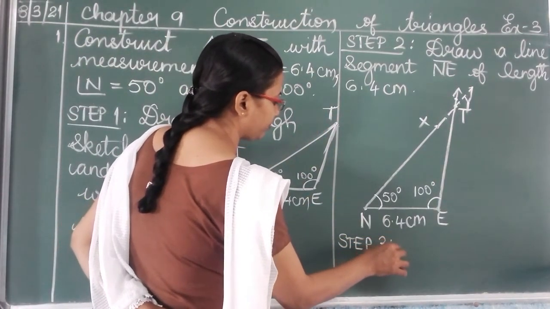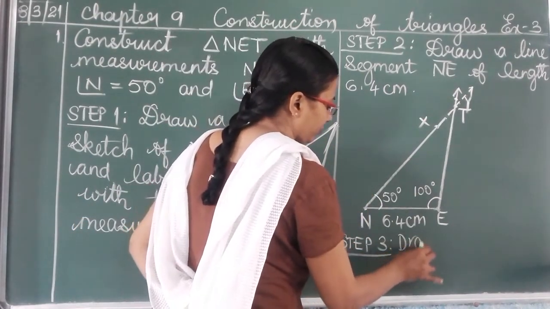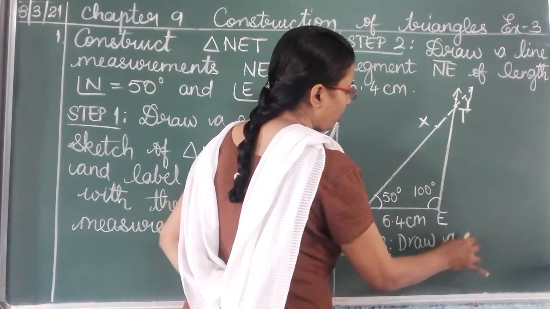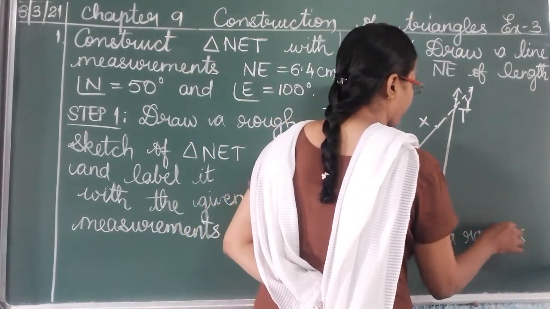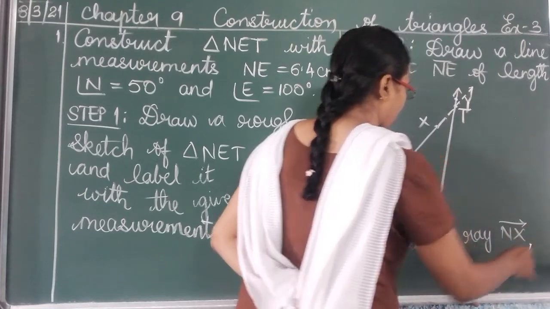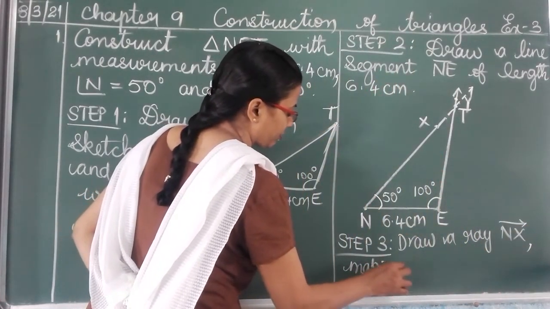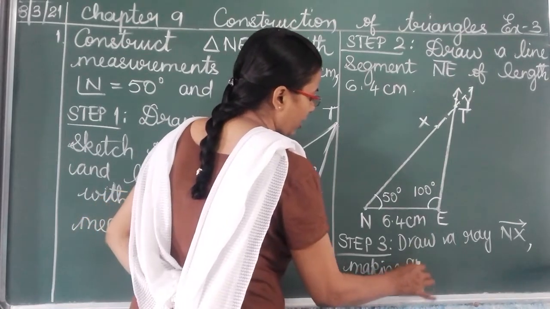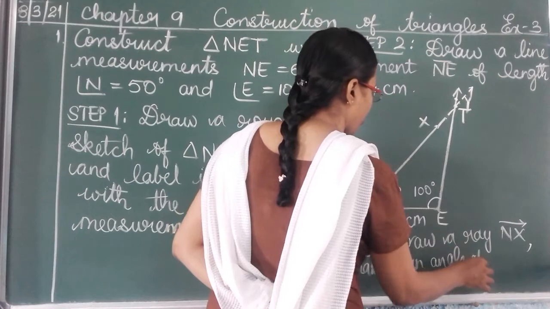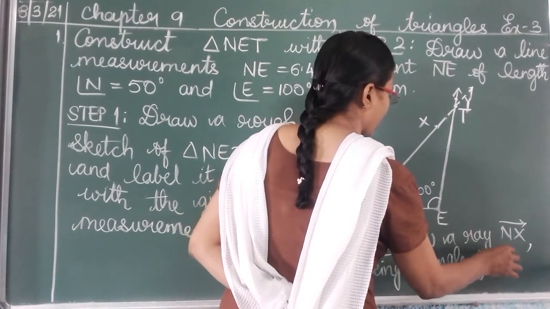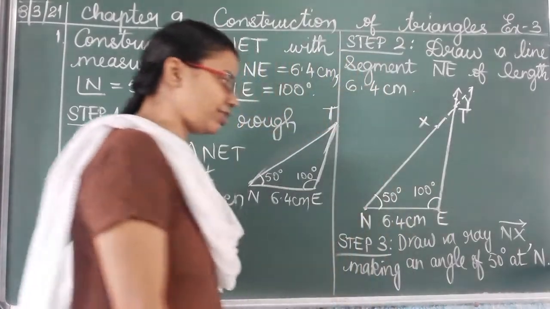Step 3. Draw a ray NX making an angle of 50 degrees at N. Understood this?